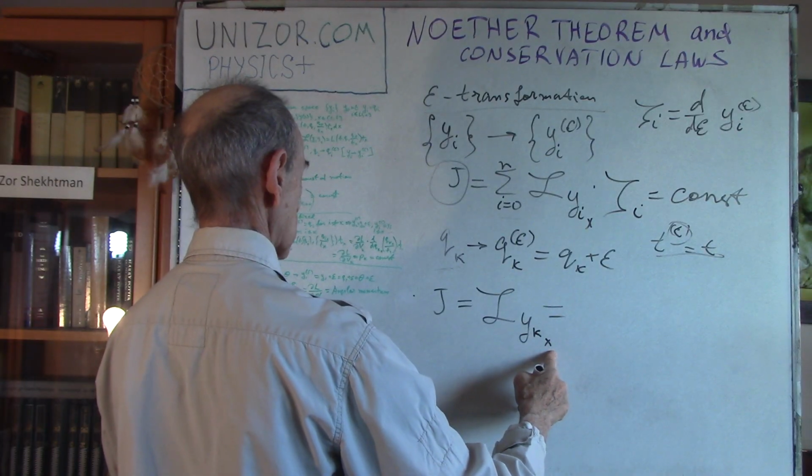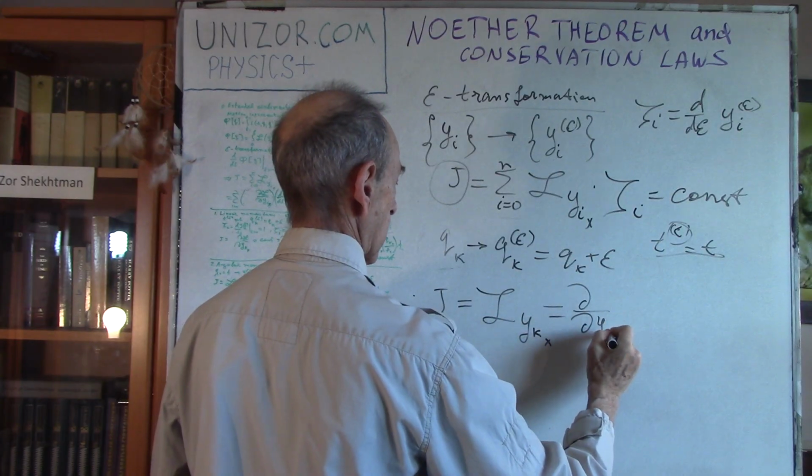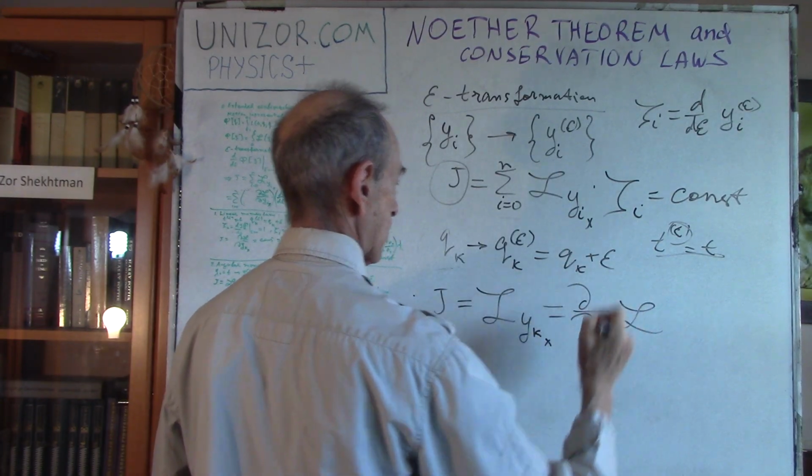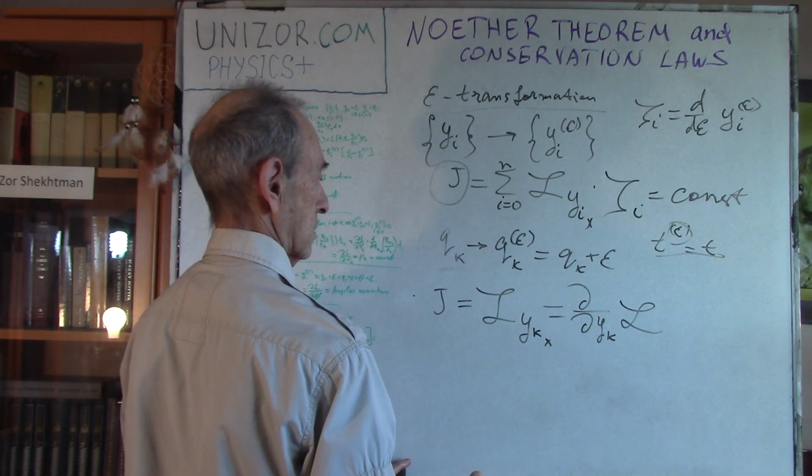That's what it actually means. So let's do it this way: the derivative by y_k_x of this thing is constant. That's what it means.